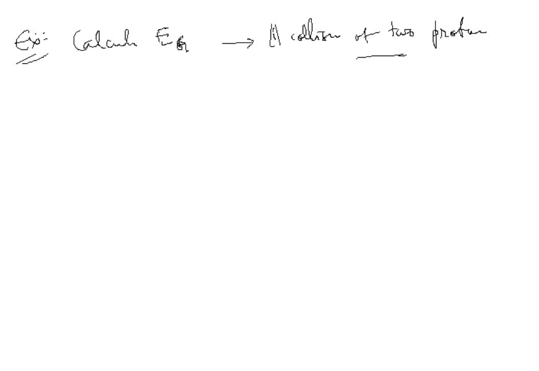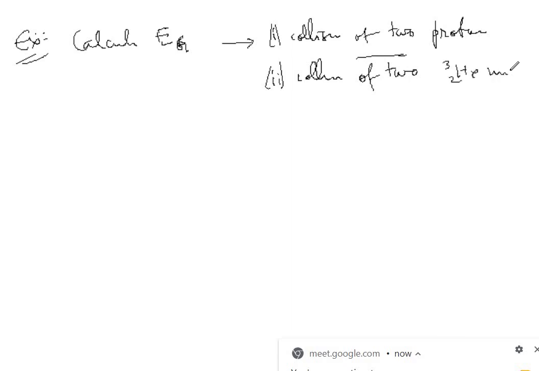First we will consider this, and later we will do the second example, where we consider again a collision, but not of protons, but of 3 helium nuclei. Let's see the difference, what we observe.